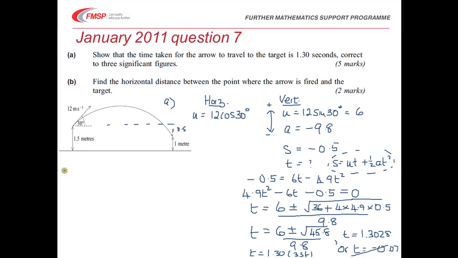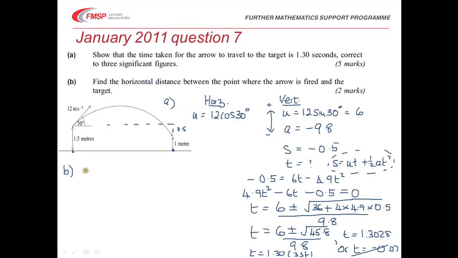In part B now we've got to find the horizontal distance. So we want to know what this distance is. We do know that it was projected with a horizontal velocity of 12 cos 30, and we now have a value of t, so we can use that.